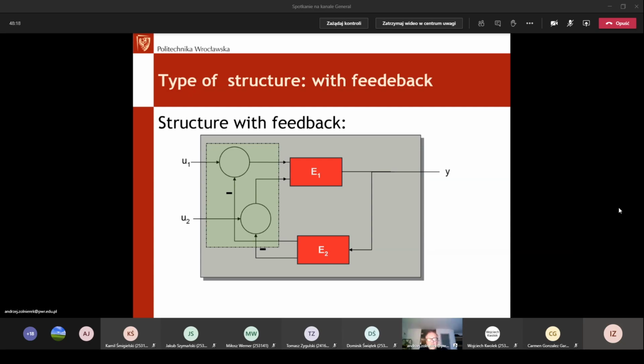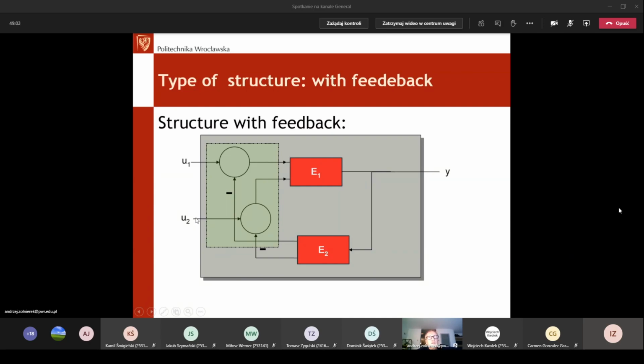You can see that we have a basic element, E1, and from the output of this element, we take this signal and put it once again to the input of this element E1, and in this case we have negative feedback, so this signal is subtracted from the total input signals.